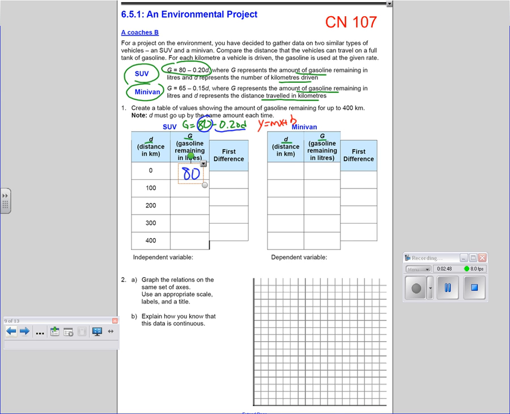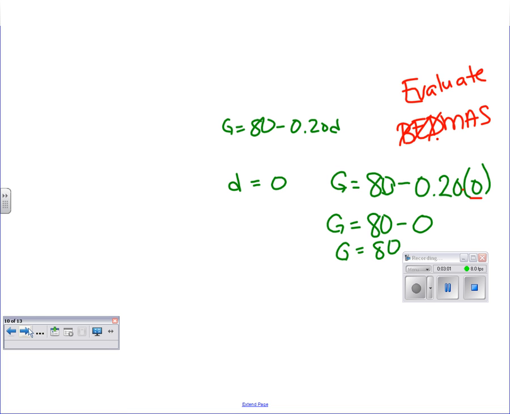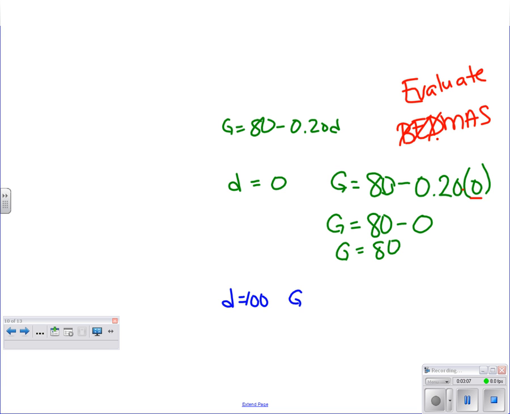And that's where we were here when we have 80. I will also use a distance of 100, and I'll do that on a separate page. And then after that, I'm going to use my first differences to fill out my table. Okay, so if distance is 100, then G would be 80 minus 0.20 times 100.